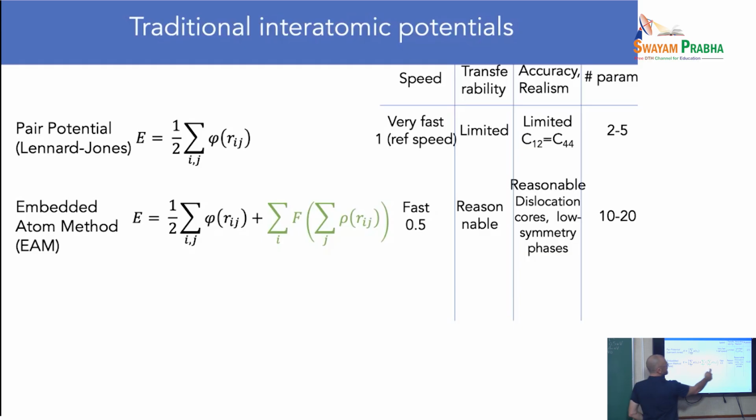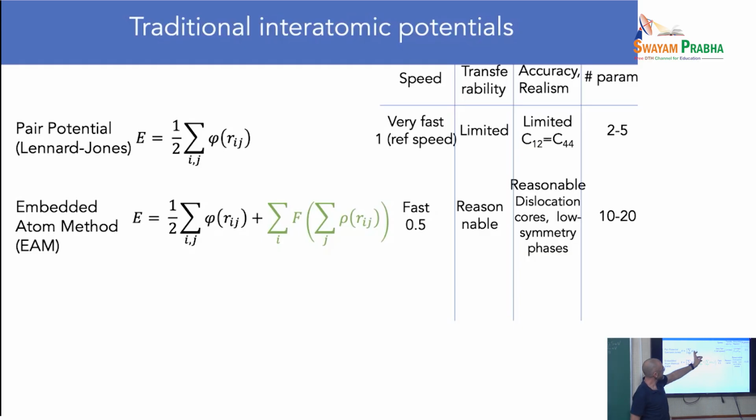Initially, in the fathers of the method, this term was added to represent the electronic contribution to the energy, the interaction between the atoms in the metal. That gave a lot of flexibility.